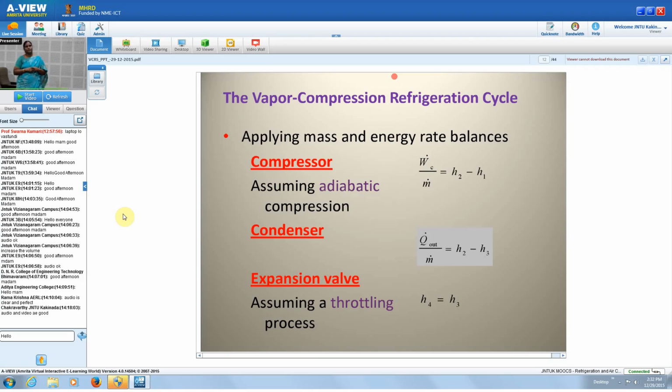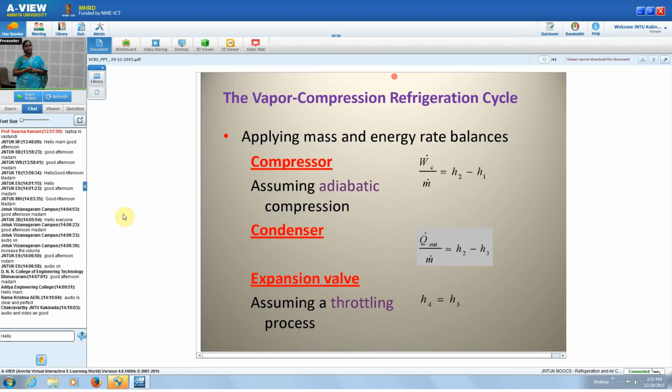Also, you can find out the work required for running the compressor. Per kg of the refrigerant, you can take this as H2 minus H1, because we are assuming an isentropic compression process. State 2 is at the delivery of the compressor, and 1 is the enthalpy of the vapor at the suction of the compressor.